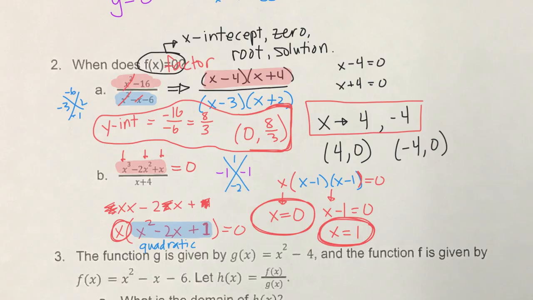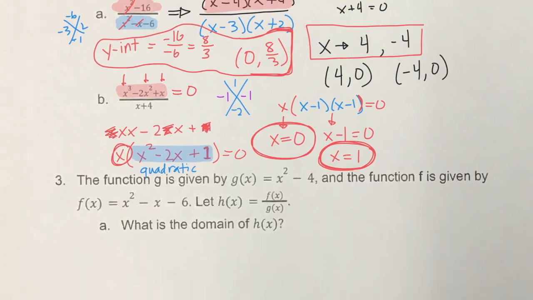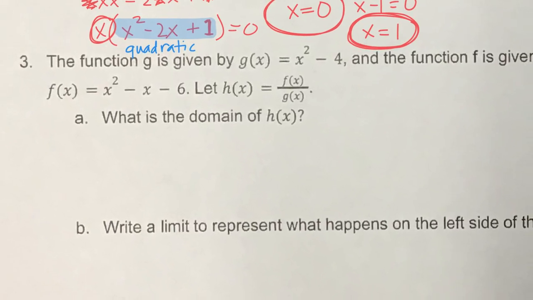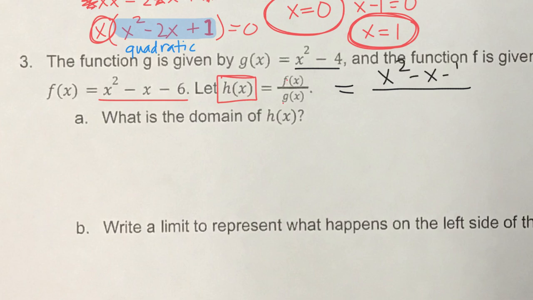So number 3, we have something written in very mathematical notation. We have g is this equation, and f is this equation. But then h is what happens when we divide them. Okay, so let's first rewrite our h equation. F is x squared minus x minus 6, right?